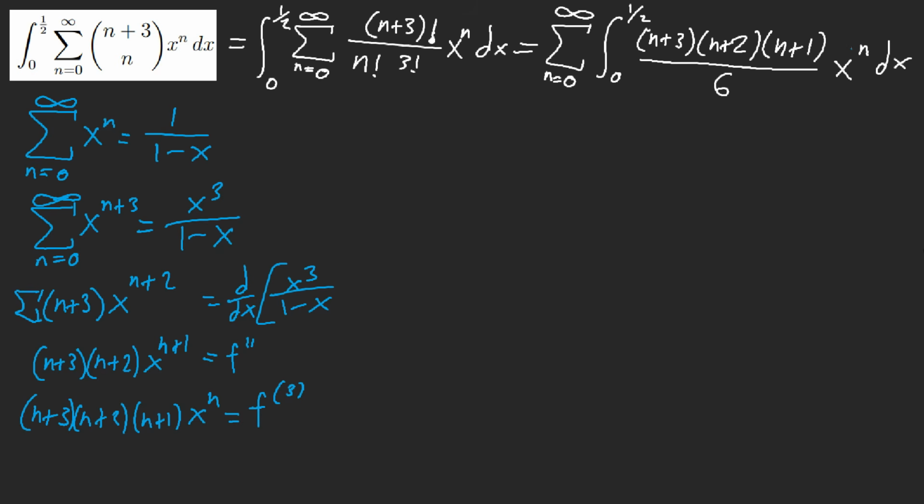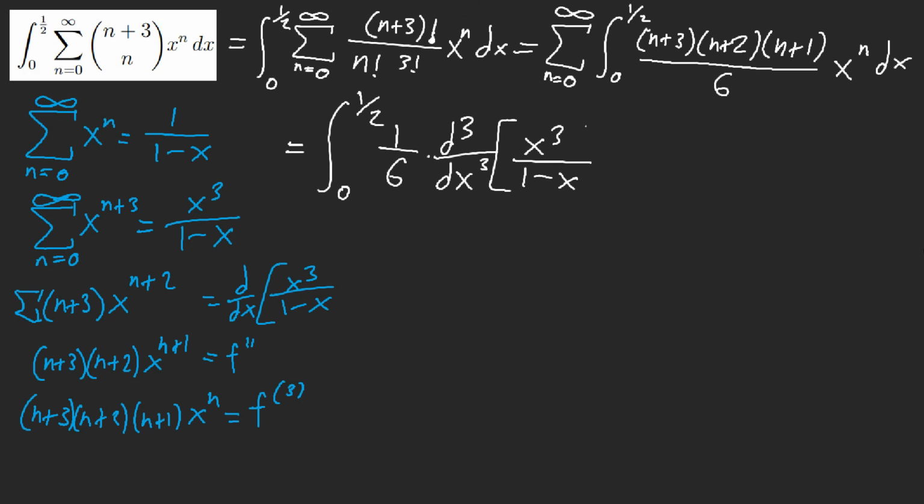So this sum is literally the third derivative of this function. So what we have from 0 to a half, 1/6, is the third derivative of x cubed over 1 minus x dx. That's literally what we have.